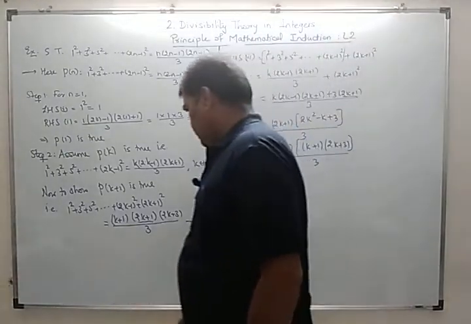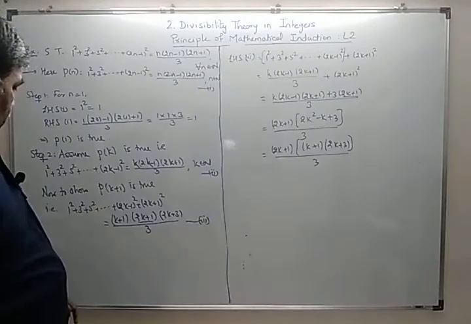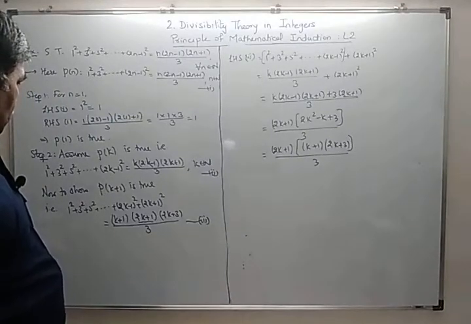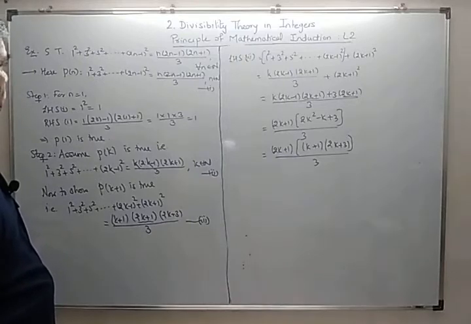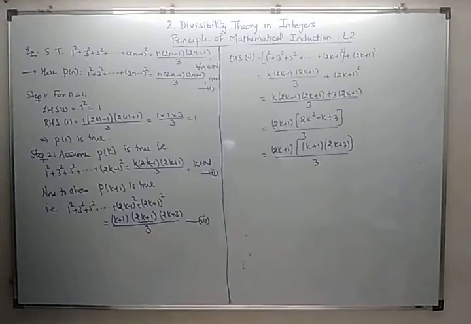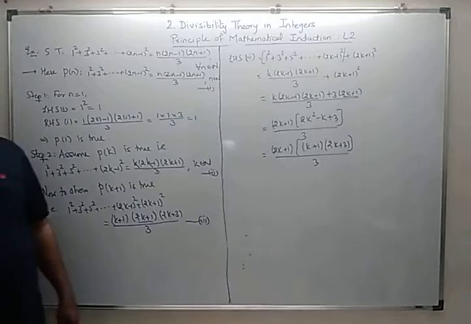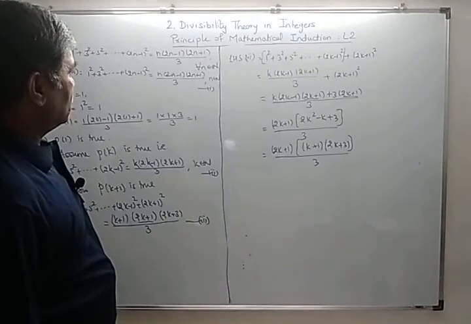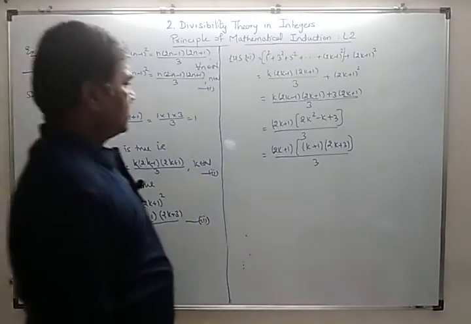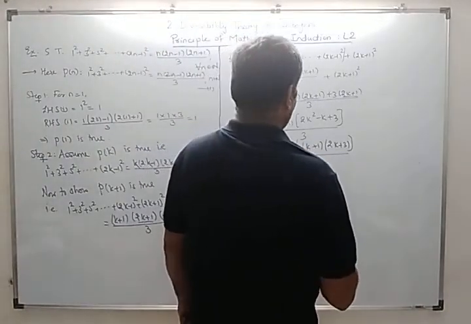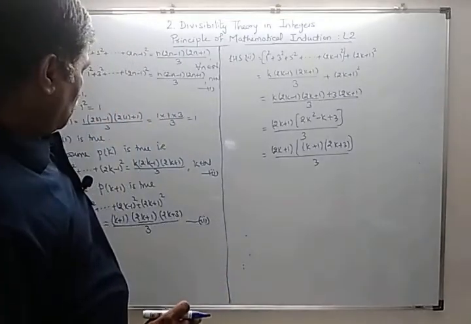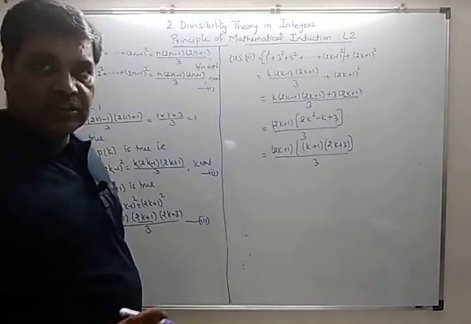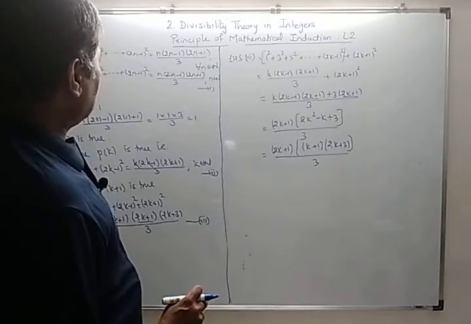What is the problem with this? 2k plus 1 is there, but the other term is not adjusting here. So there is some mistake in this problem.